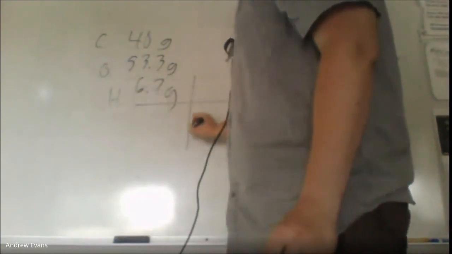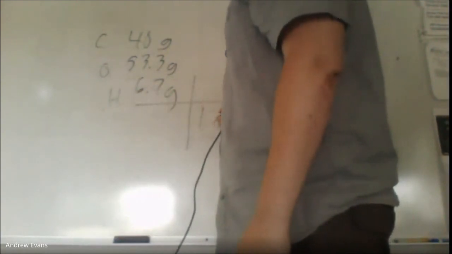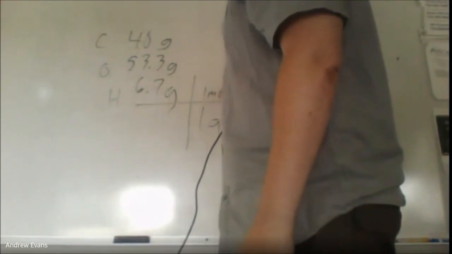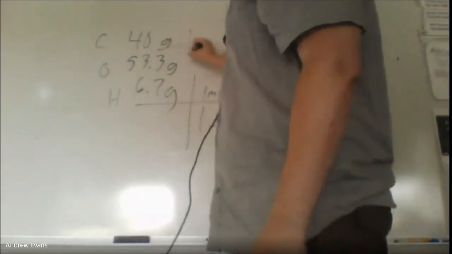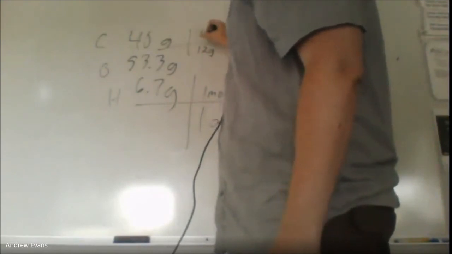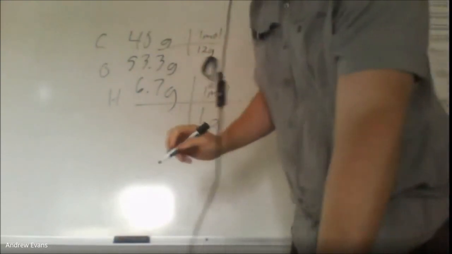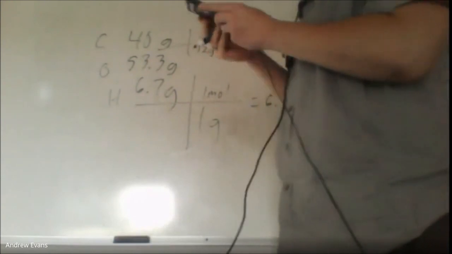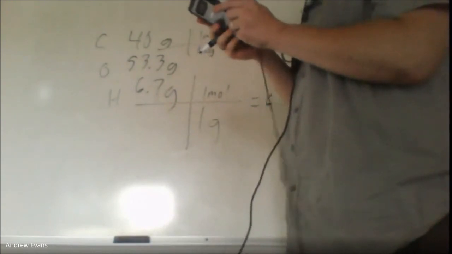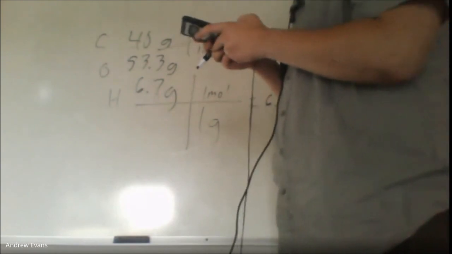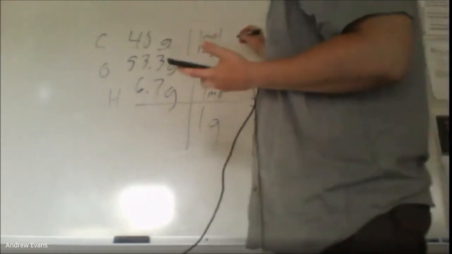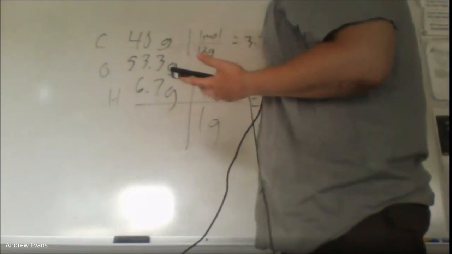I'm going to be lazy and assume 1 gram per 1 mole for hydrogen, so that's 6.7. Carbon is 12 grams per 1 mole. Where am I pulling these? All from the periodic table. So 40 divided by 12 is 3.3.